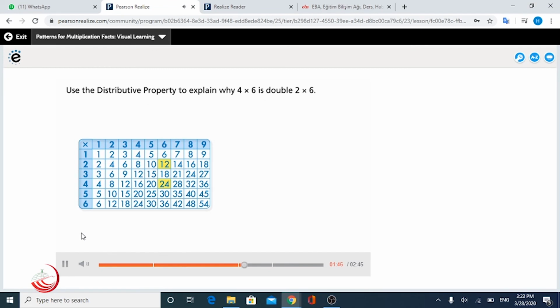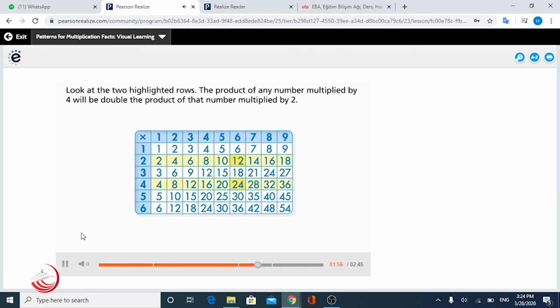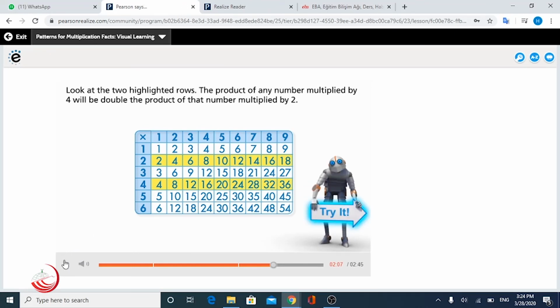Use the distributive property to explain why 4 times 6 is double 2 times 6. Look at the two highlighted rows. The product of any number multiplied by 4 will be double the product of that number multiplied by 2. We'll try it. Come on.